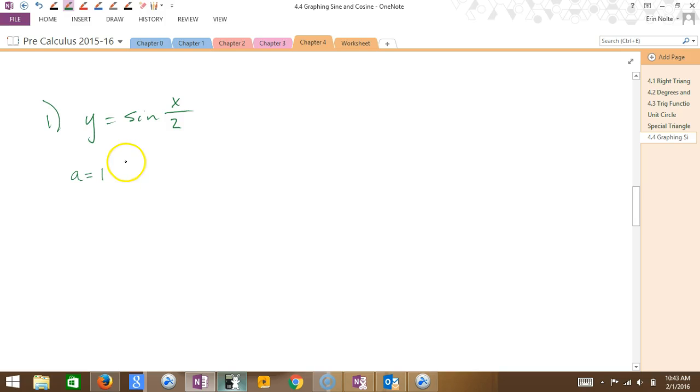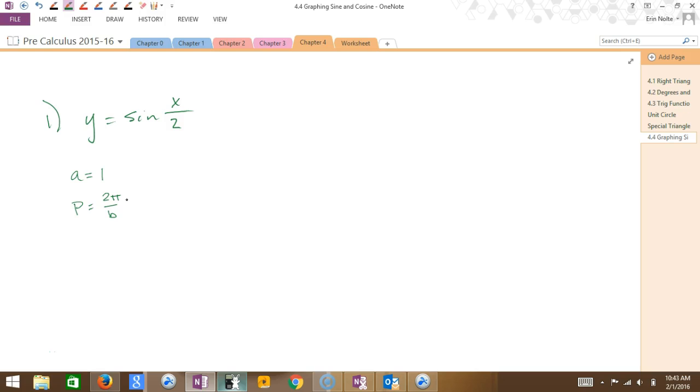The next thing I want to find is my period. By definition, that is 2 pi divided by the b. Be very careful in this case. What is my b value? Very good. Everybody see how it's 1/2?